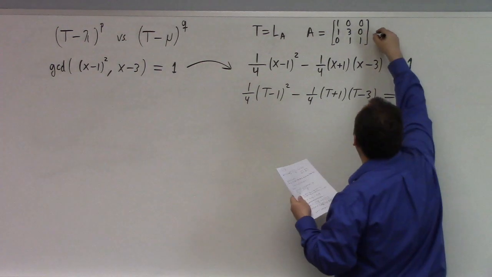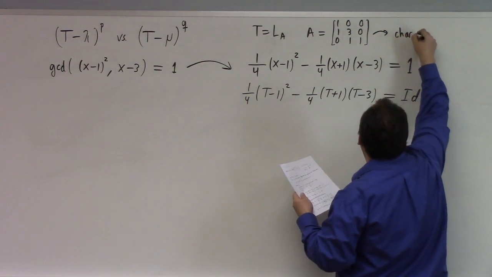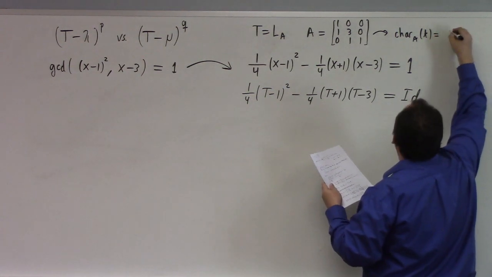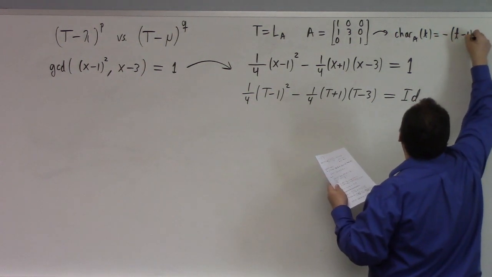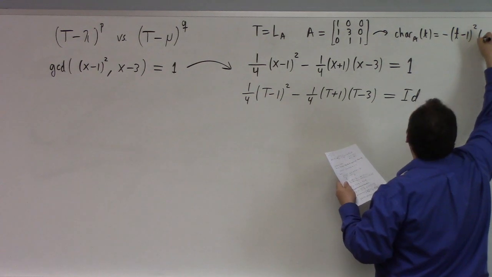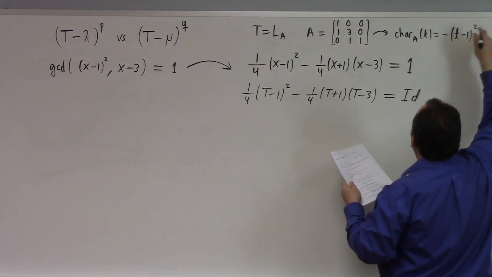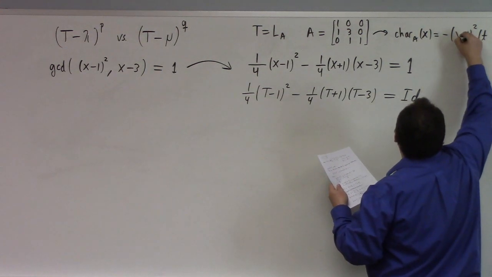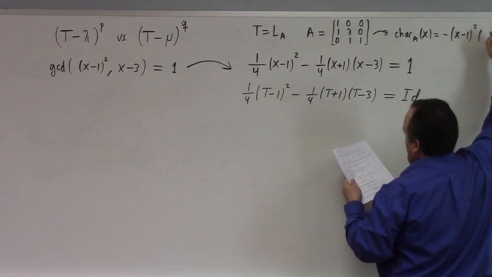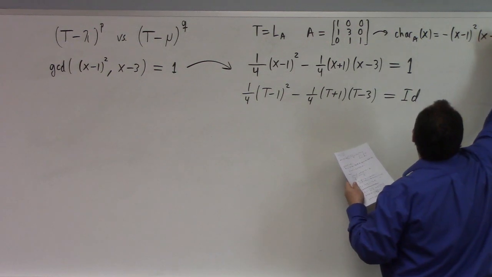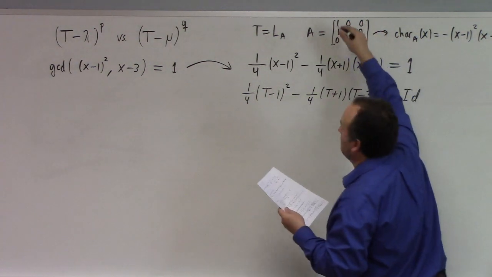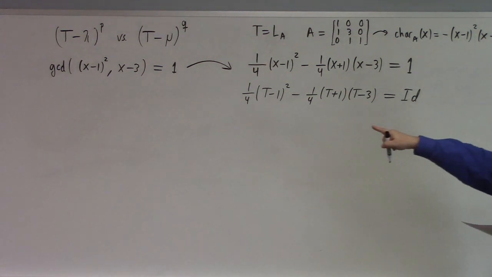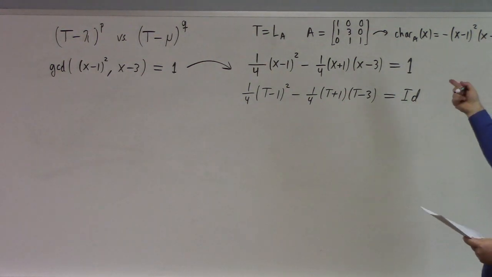And if you look at this, the characteristic polynomial of A is actually equal to minus (x minus 1) squared times (x minus 3). That's fairly obvious from looking at it. All right. So that's why I'm calculating this particular identity, because it's related to this transformation.